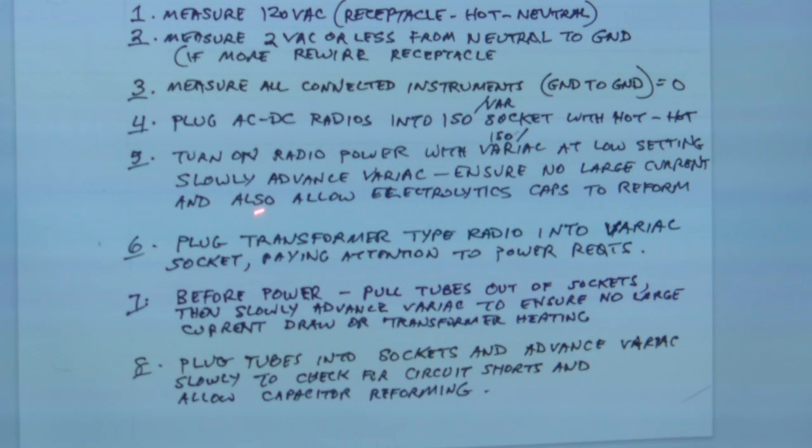If you slowly advance the variac from a low position, you keep monitoring the current meter to make sure there's no large current, and since with an AC/DC radio you're already connected up to all the rest of the tubes and the power inline or rectifier circuit, it's going to turn on slowly.